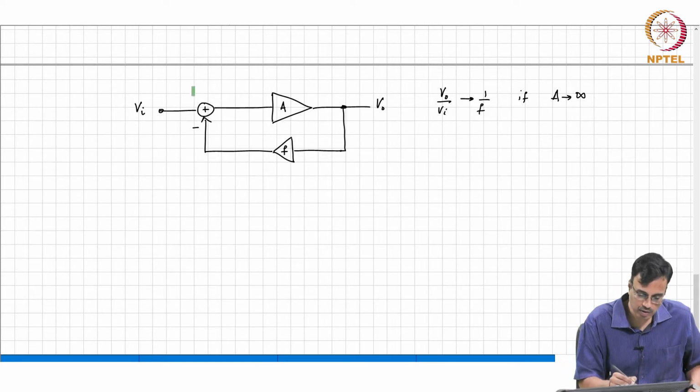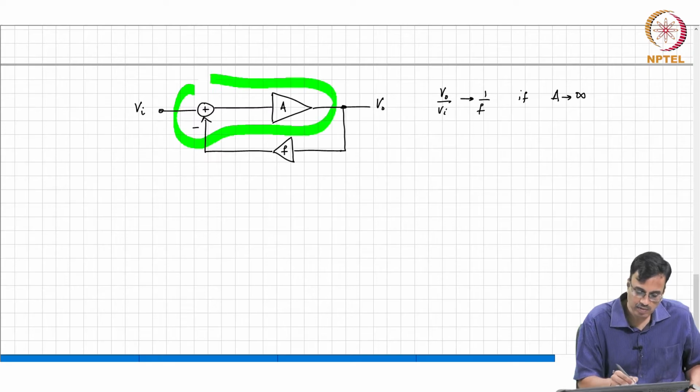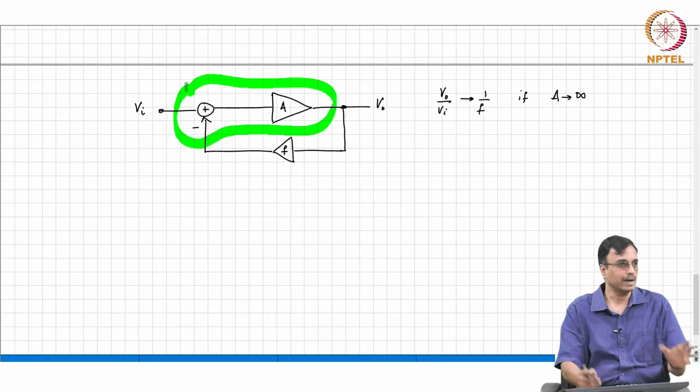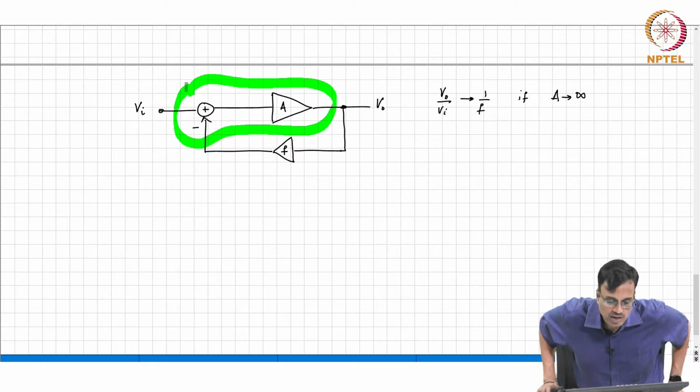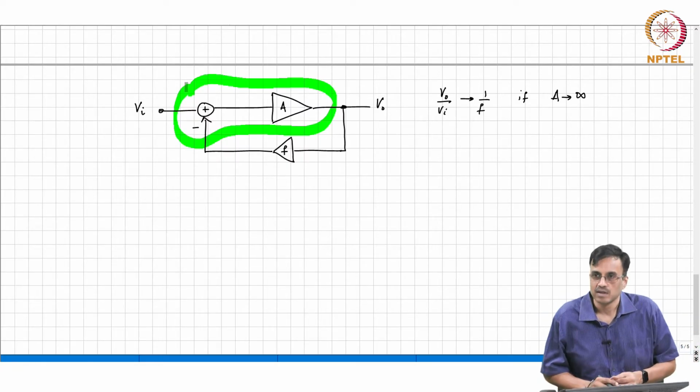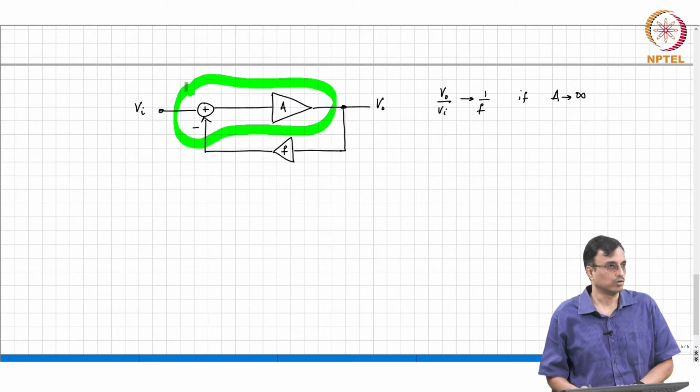And then we said, well, we actually will be able to sell that part as a building block where users can put their favorite feedback factor and get whatever closed loop gain they want.